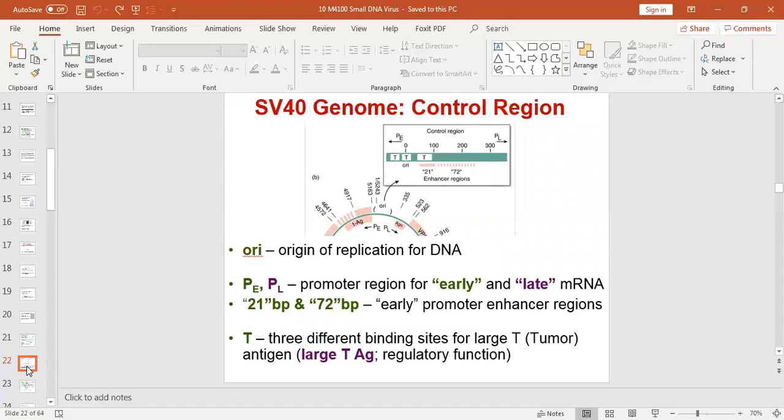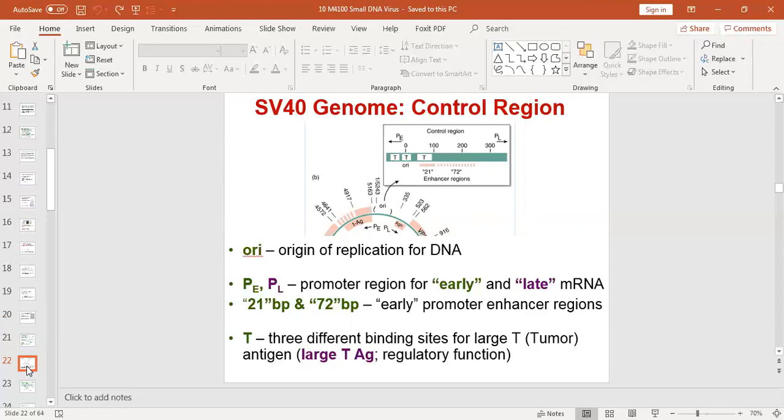The SV40 genome has a region called ORI, an abbreviation for origin of replication for DNA. It has two regions called PE and PL, P for promoter, E and L for early and late mRNA.